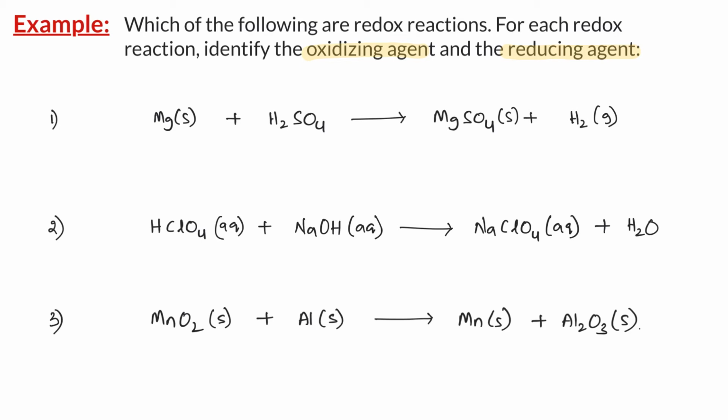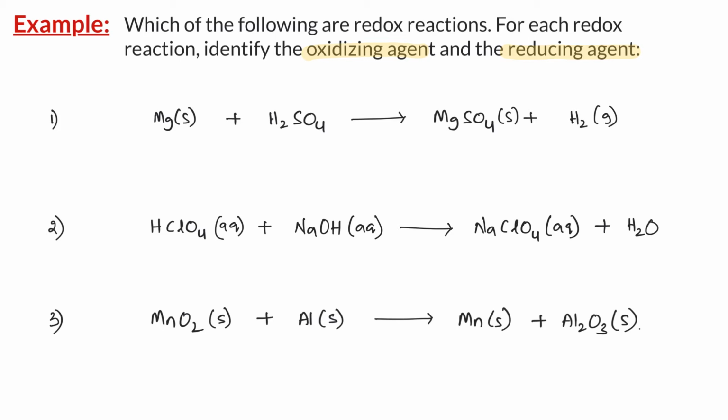Next, we check if any of the atoms' oxidation numbers are changing in a reaction. If they do, then it is a redox reaction. If oxidation numbers remain constant before and after the reaction, then it is not a redox reaction.